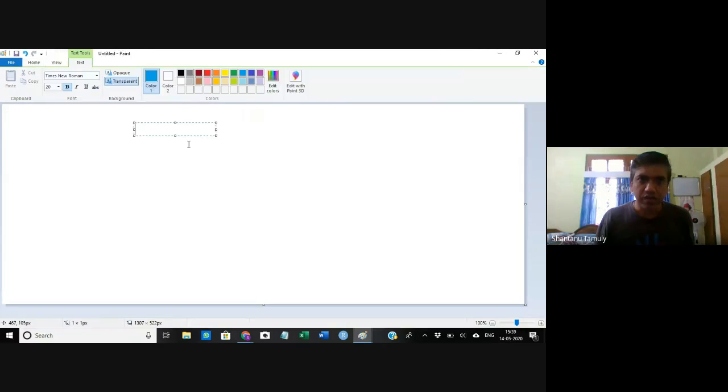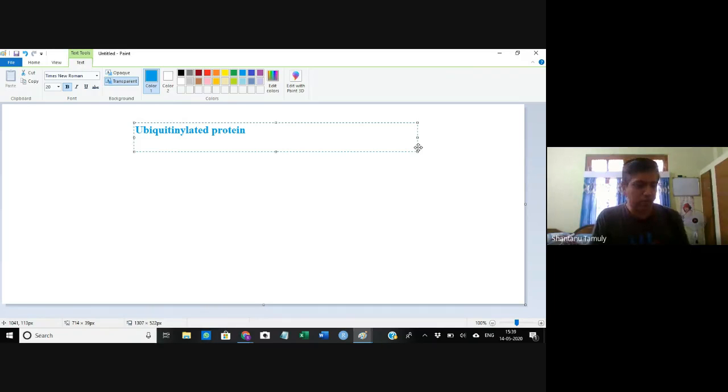So this kind of protein is called ubiquitinated protein. It's difficult to pronounce. Okay.